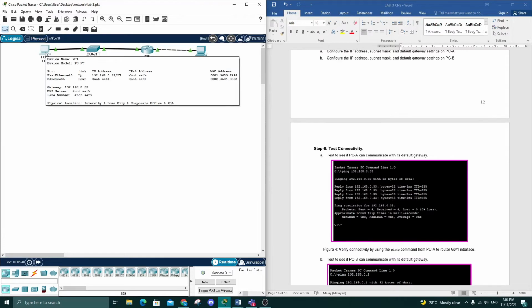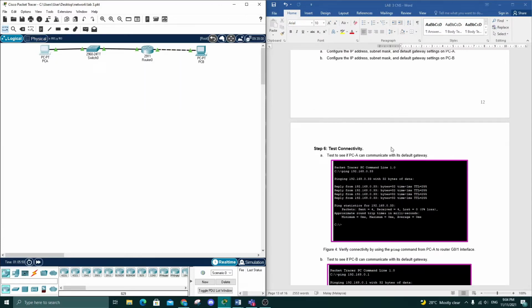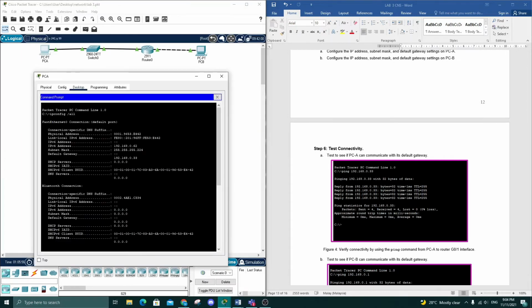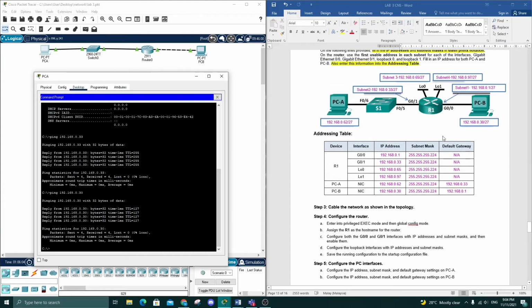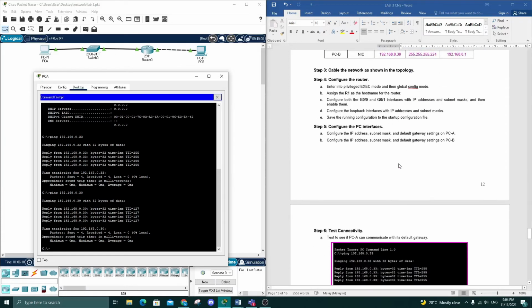First we check PCA to default gateway, so PCA to router. I already checked, it is over here, ping 033. You can see over here is G0/1, 033. Alright, and we got reply from it.